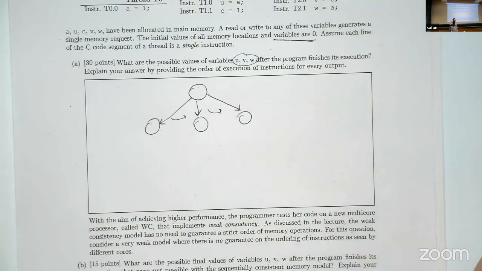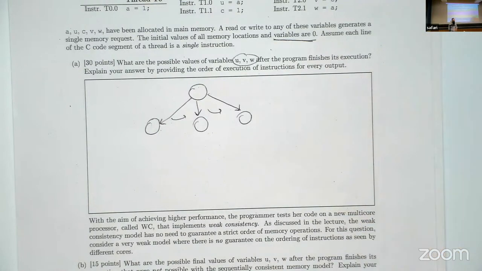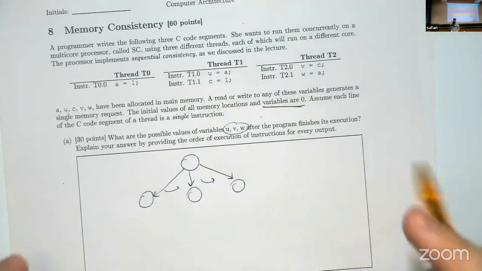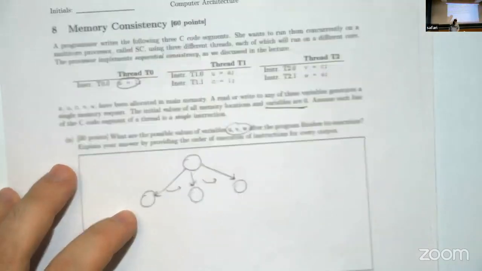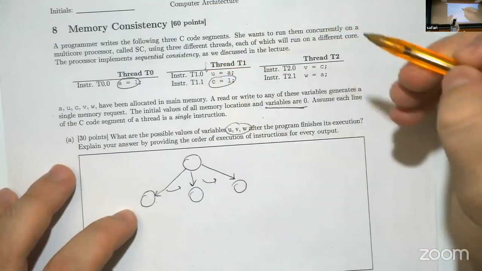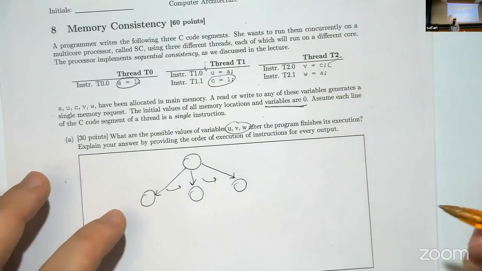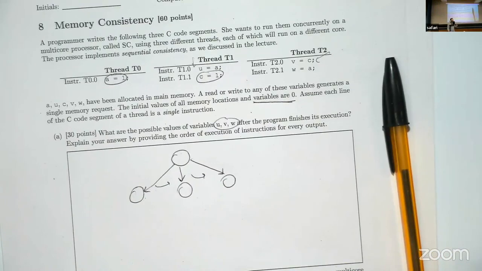So the way you will approach this every time is whenever you have a memory consistency question, ask what are all the possible values that can occur. As you can see in the program, A is equal to 1 here, C is equal to 1, and here some jiggling is happening between U equals A, V equals C, which means that at the end of the day, we only have 2 values, 0 and 1.